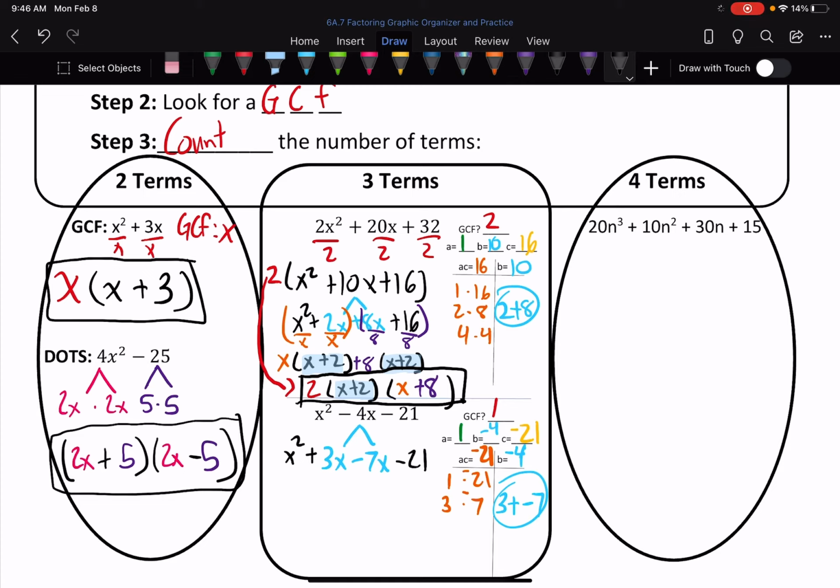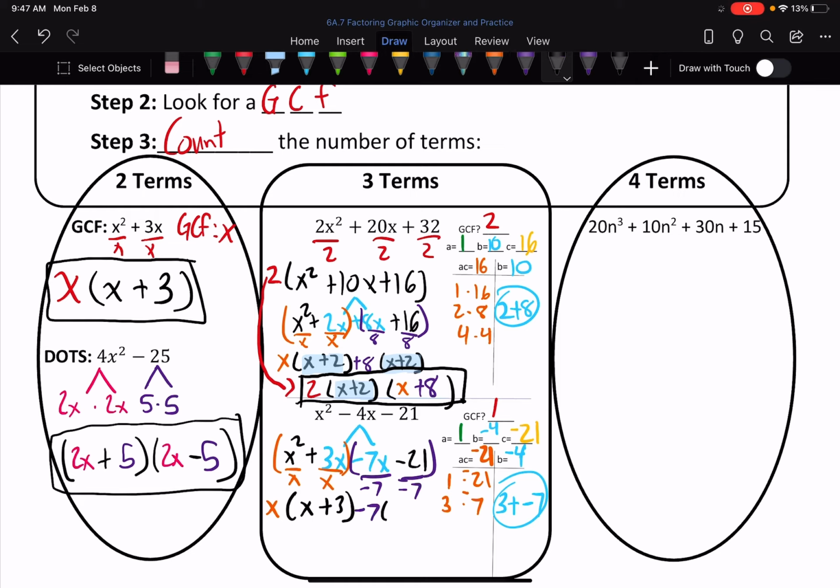Then we factor by grouping. We group the first two terms. We've got x squared plus 3x. Their GCF is an x, and its factored form is x plus 3. Then we have negative 7x minus 21. Both of these terms are negative, so we're going to want to take out a negative factor. We don't want a negative leading coefficient, so take out a negative factor. 7 can go into both terms, so I'm going to divide both of them by a negative 7.